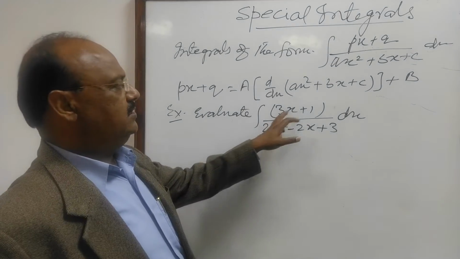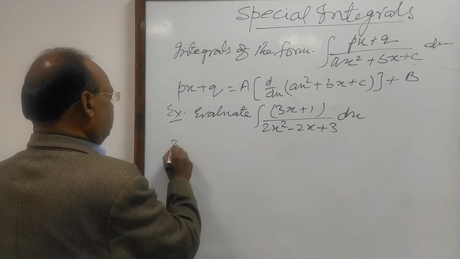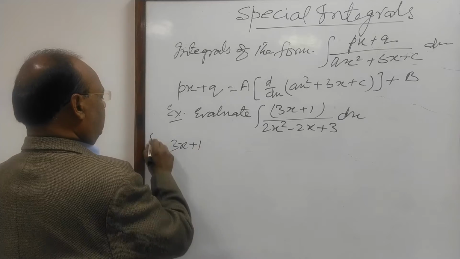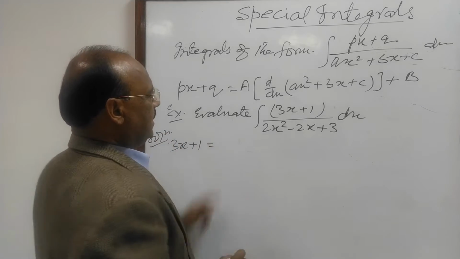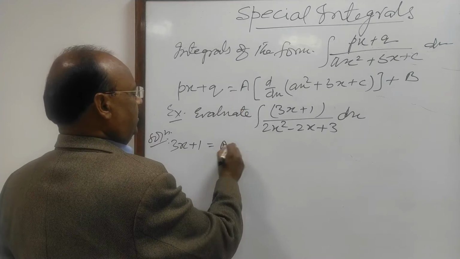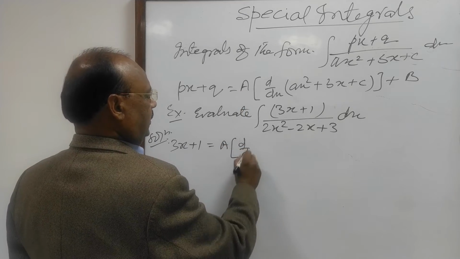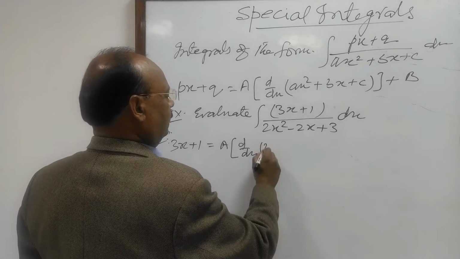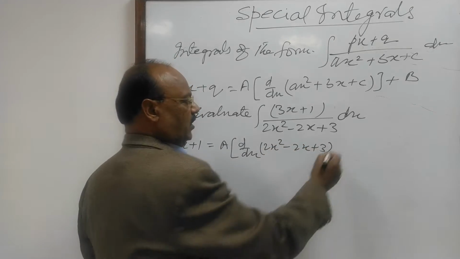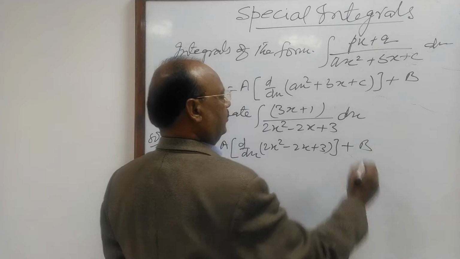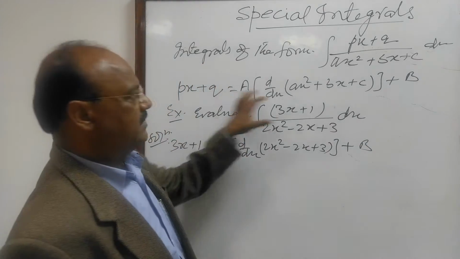Here the numerator is 3x plus 1. So this 3x plus 1 should be expressed as constant a into d/dx of this denominator 2x square minus 2x plus 3, plus another constant b. You are following the same process here.